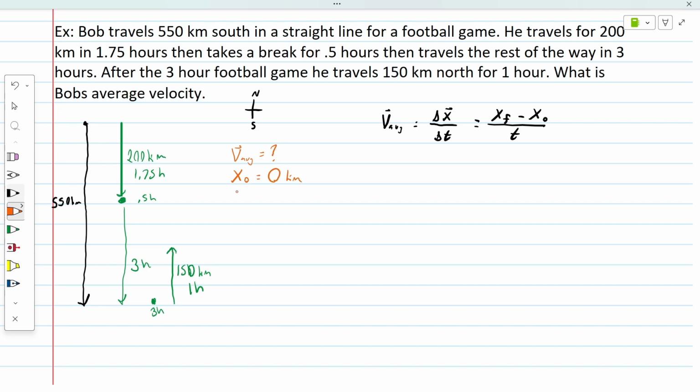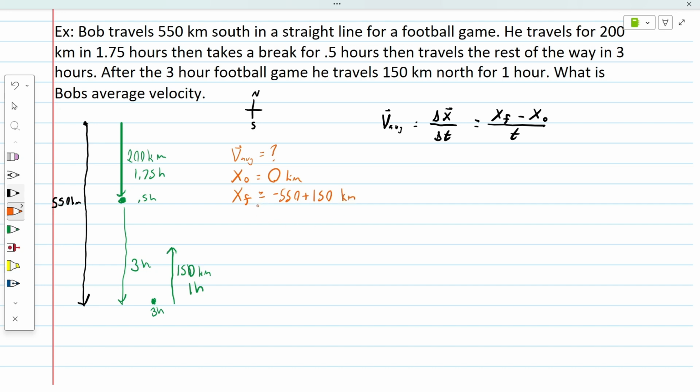So now we know we need our x final. Do we have our x final? We do, because we know that he travels 550 south first, and then he comes back up another 150. So his final position will be minus 550 if we denote south as negative, as we typically will, plus the 150, and that'll all be kilometers.